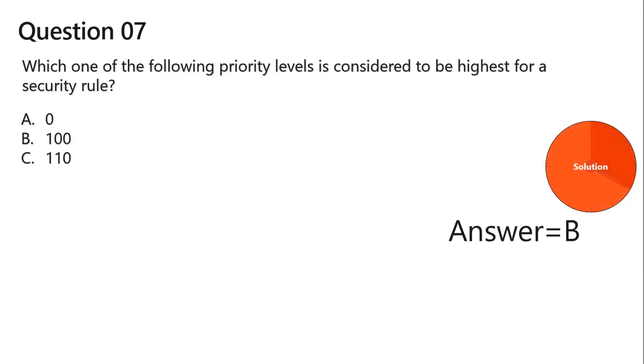Okay, so 100 is the correct answer. The priority level 100 is considered the highest for a security role.